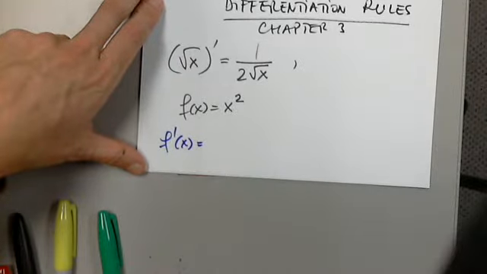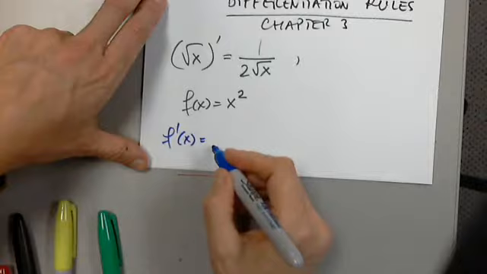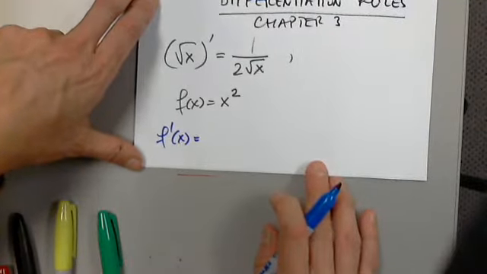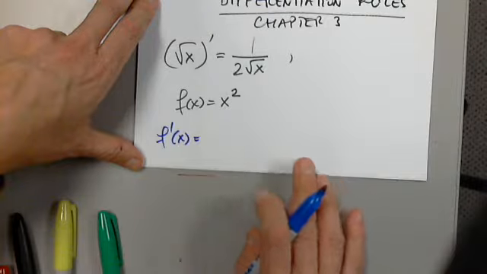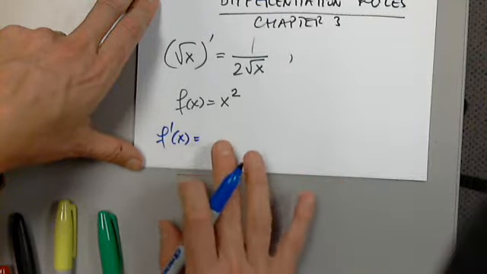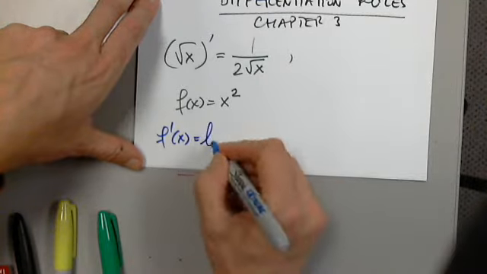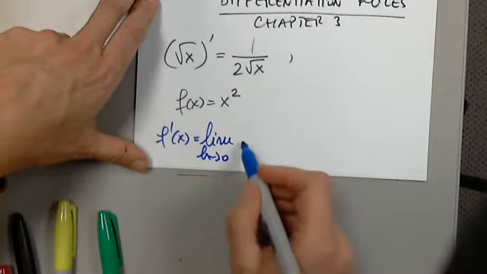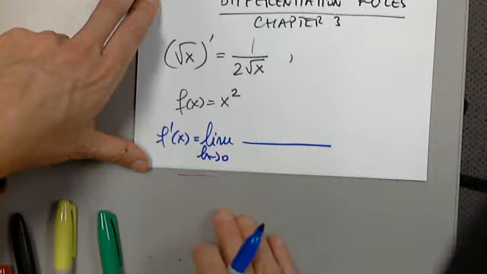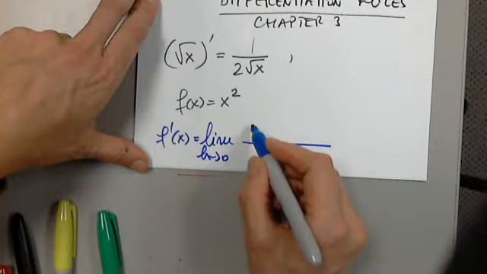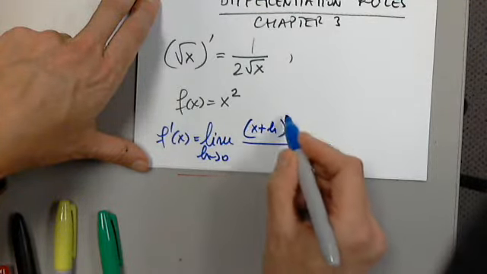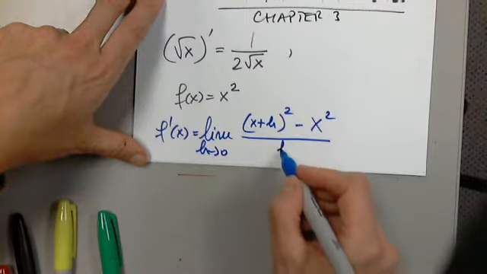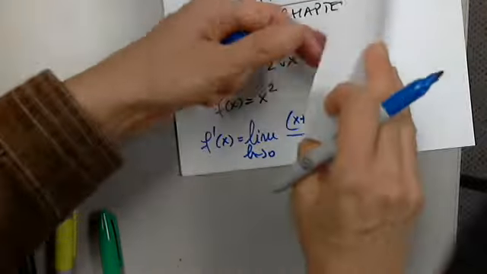You're correct. This is a refresher for Tuesday. If I start with x plus h, limit as h approaches 0, minus x squared. Good. So let's see what we get.